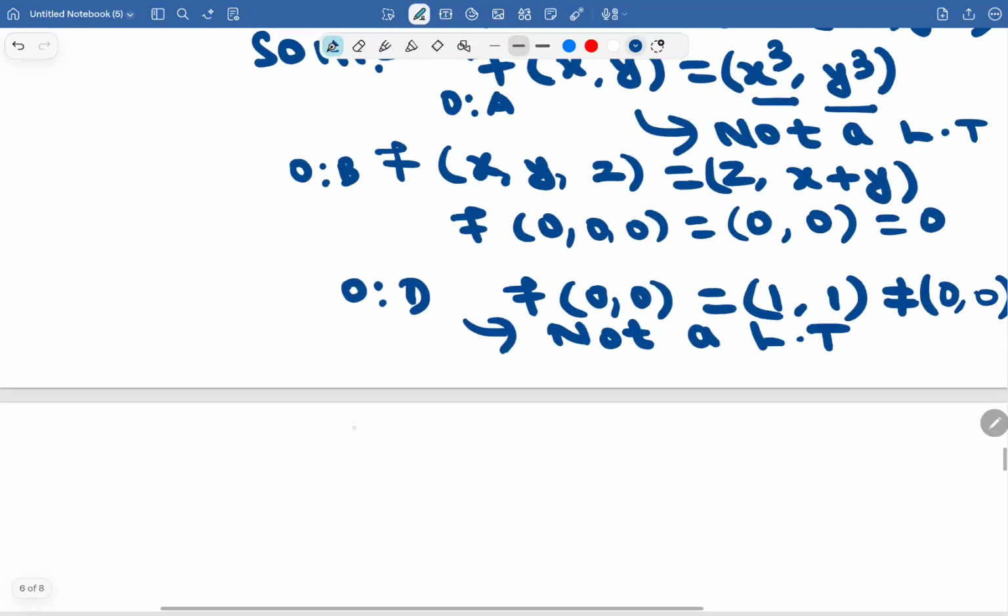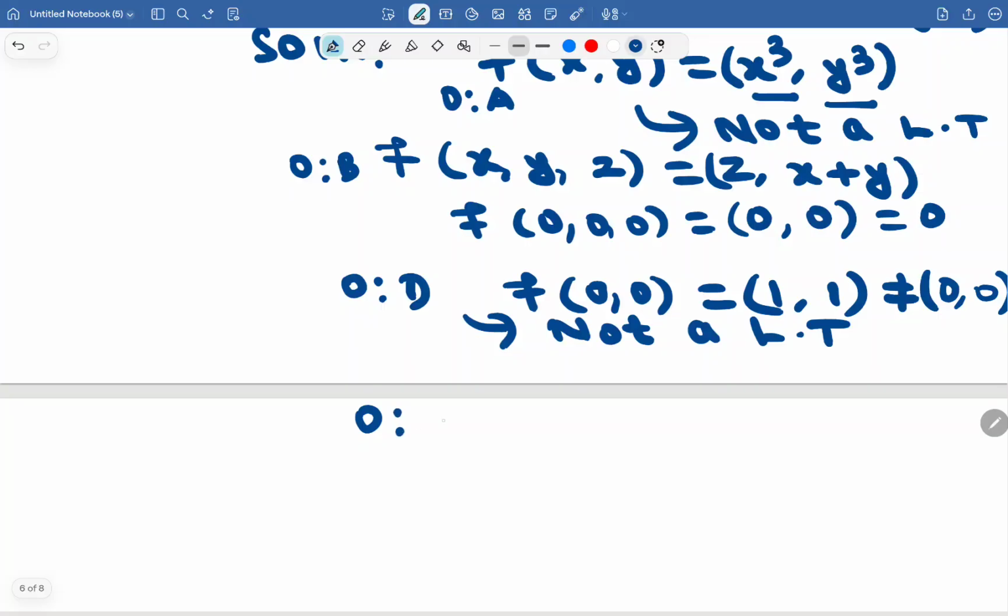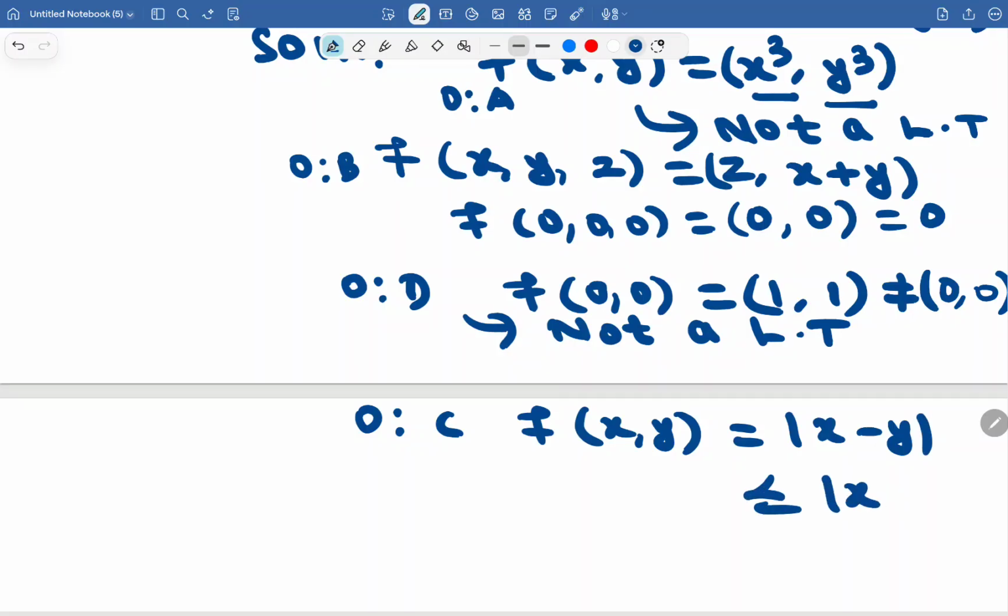See, option C. What is given? F of x comma y is given as modulus of x minus y, which is less than or equal to some modulus of x plus some modulus of y. For linear, it should be equivalent, only equivalent, not less than or equal to.